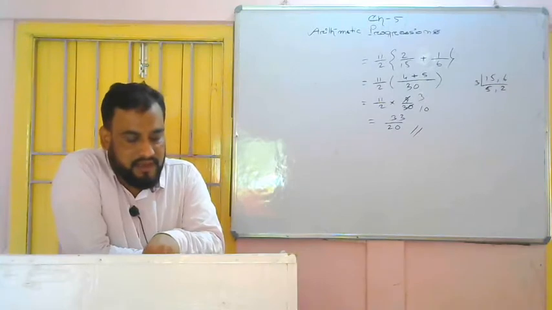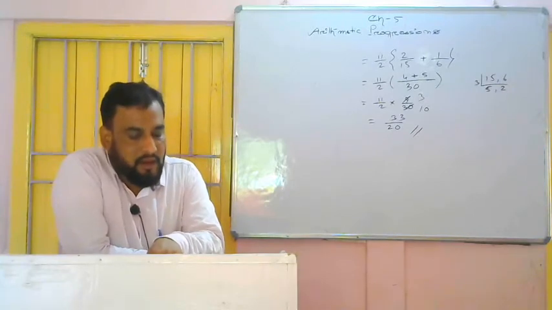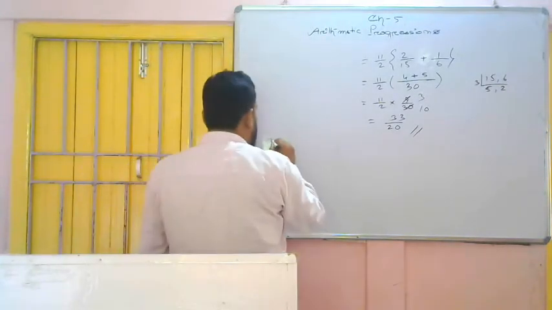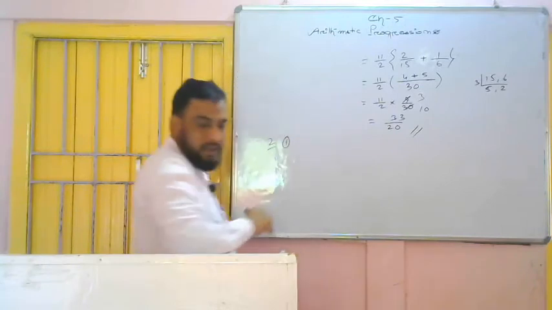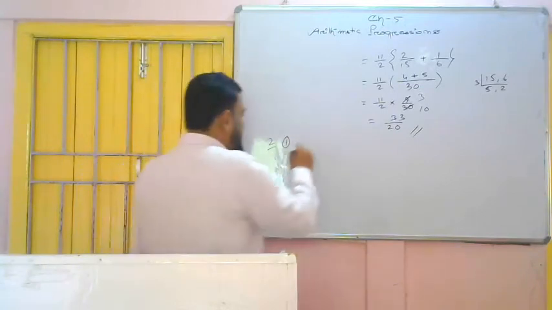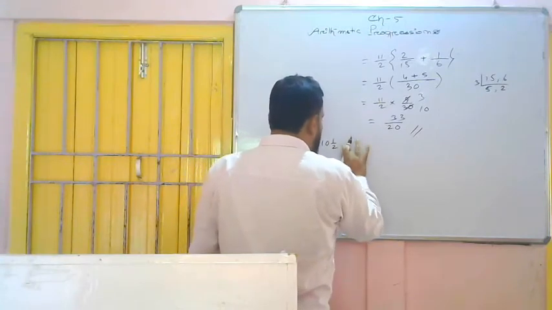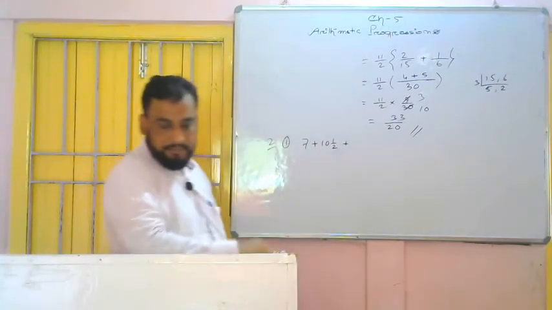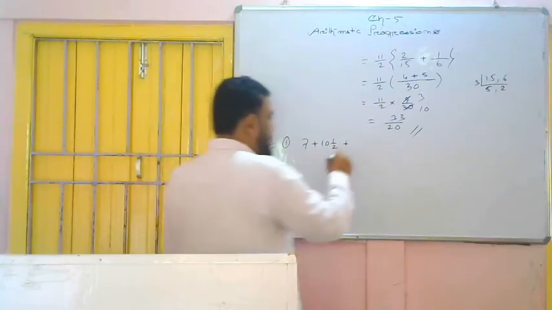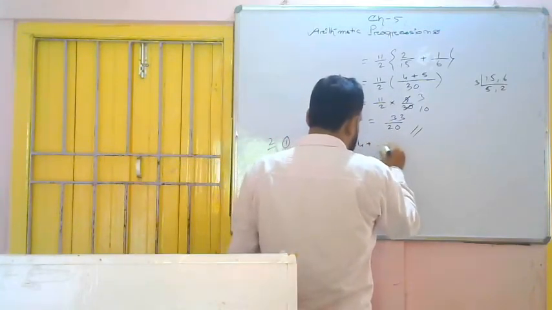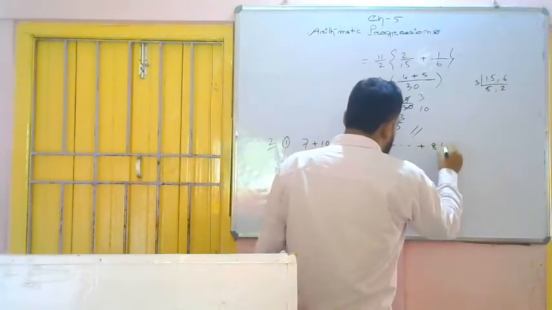Some difference is there. For question number 2, I am writing the question: 7 plus 10 and a half, then plus 14, plus dot dot dot, plus 84.